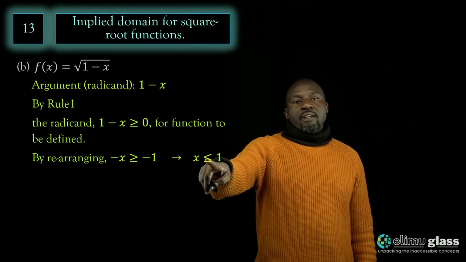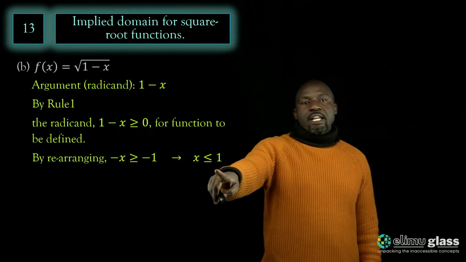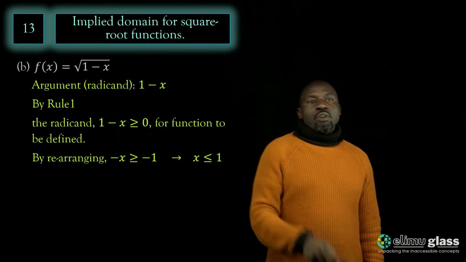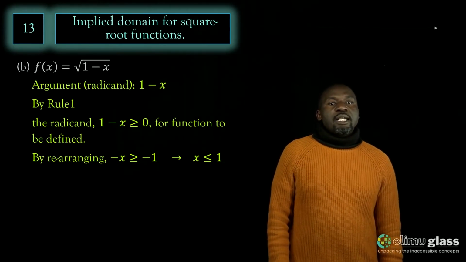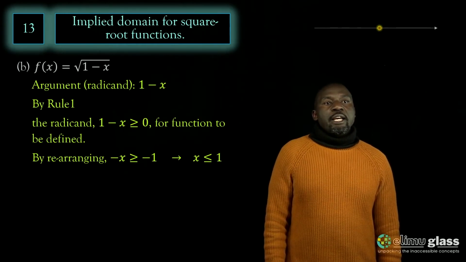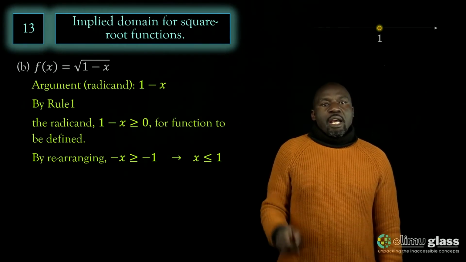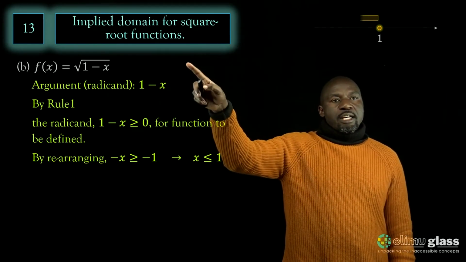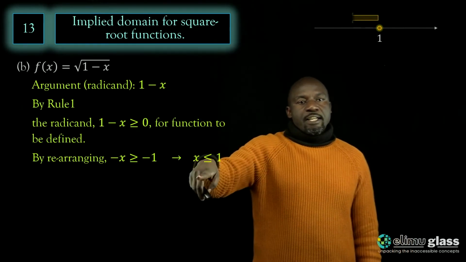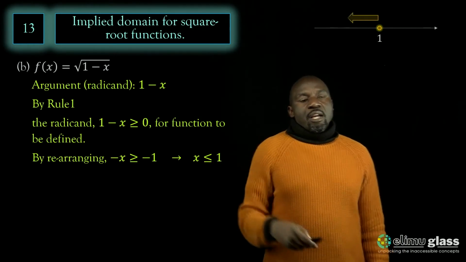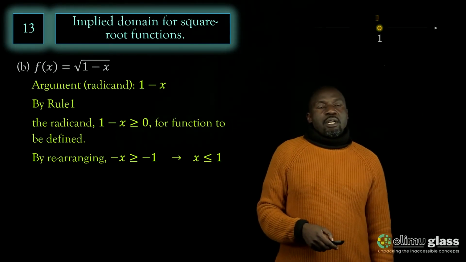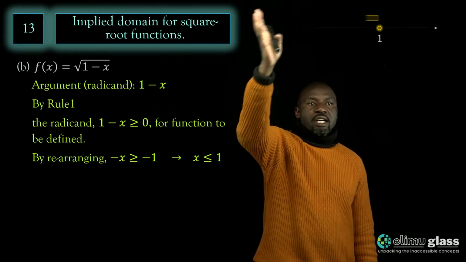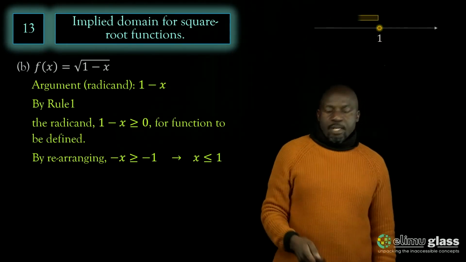But before we do that, let's see how to present that on a number line. We want to present x is less than or equal to 1. So we draw the number line, put the point 1 in there. And x is less than 1, so that means it has to be on this side. And therefore, when we draw the square root graph, we know that the graph is going to be on this side of x equals 1.